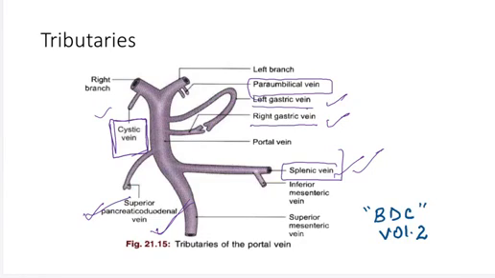The flow of blood inside the portal vein is streamlined. Then this is a valveless vessel. The blood flow via this vessel is slow, and the portal vein begins in one set of capillaries and ends in another set of capillaries. So all these are very important points that you must remember about the portal vein.